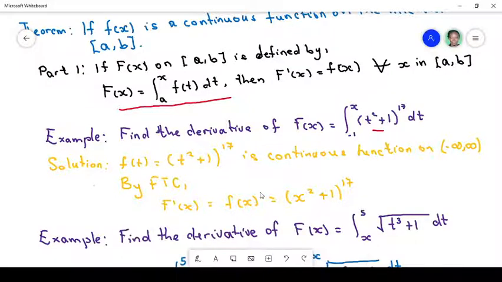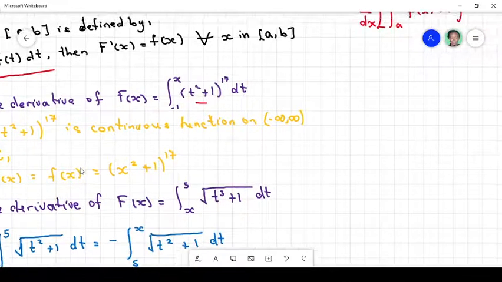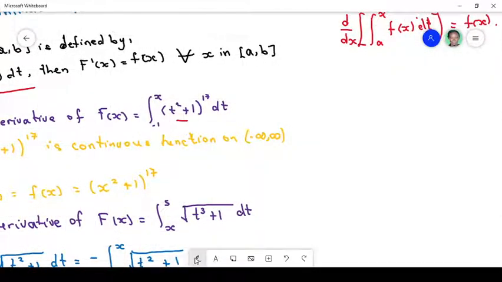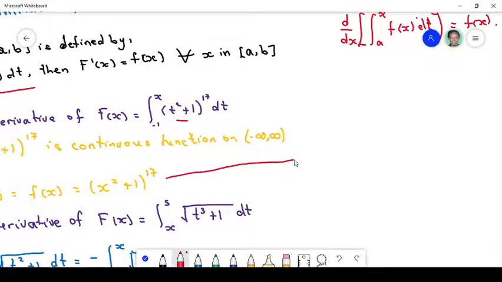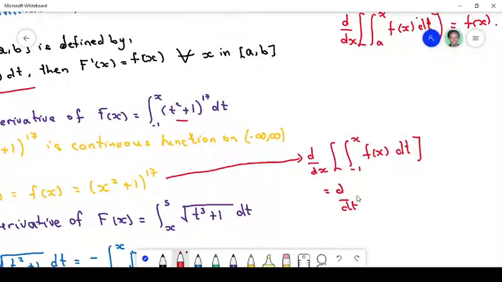So let's see how we arrived at this. The derivative d/dx of the integral from -1 to x of f of t dt is going to be equal to d/dx of our function, big F of t, from -1 to x.